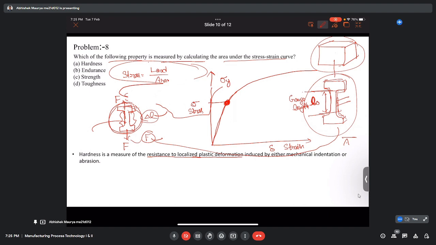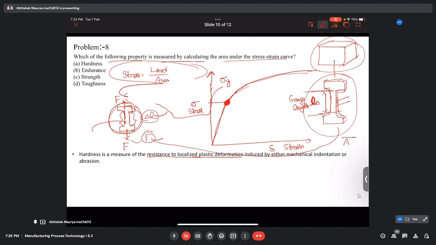After that the material starts deforming plastically and we get this kind of curve. Here I am not explaining each and every part of the stress strain curve, I just explain how to get the stress strain curve with the help of the universal testing machine.